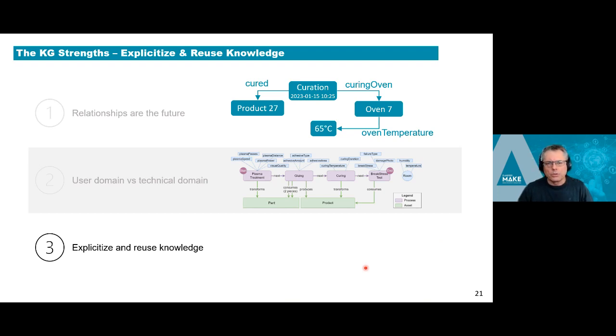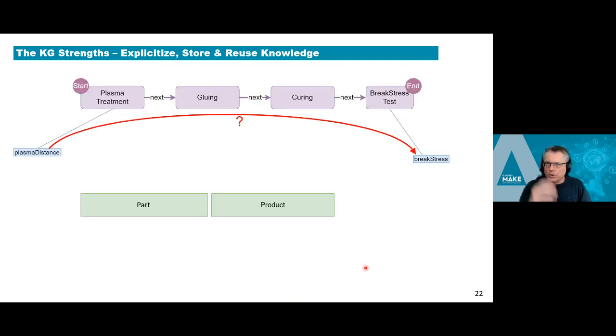And then a third one is in fact that the knowledge graph, with its ability to materialize relations, is also able to explicitize and reuse knowledge. For instance, I reduced the complexity a bit of the process that we were talking about.